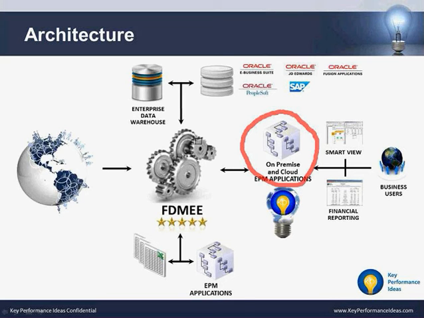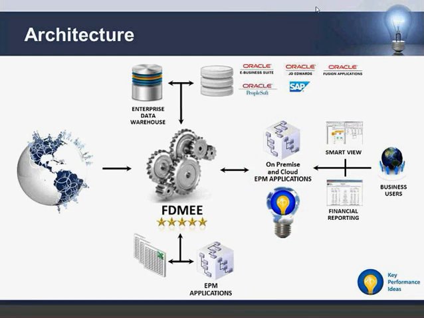Also Essbase, both cube options for Essbase, ASO and BSO. HPCM is new, ARM is new, and finally you really get into what we have here on the cloud side versus the on-prem. So that's Fusion Cloud, that's PBCS, and of course that's all the custom applications.